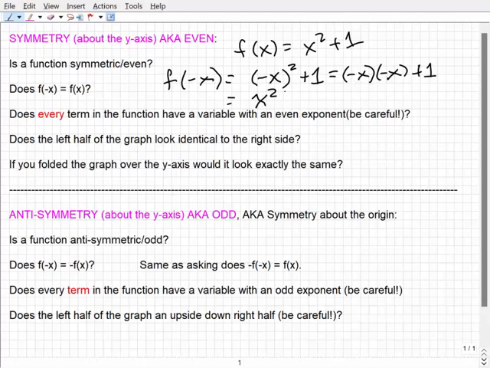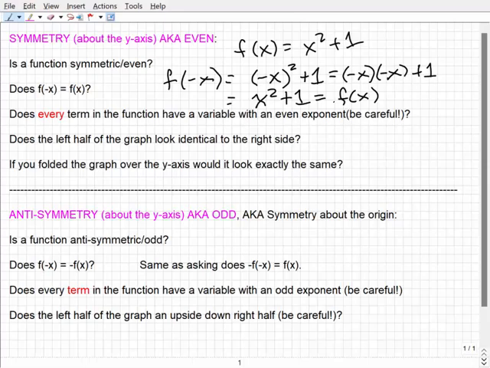Those two minuses cancel out. Well, this is the same as our original function. Right? So the left side is equal to the right side. So flipping the graph over the y-axis leaves the graph unchanged.